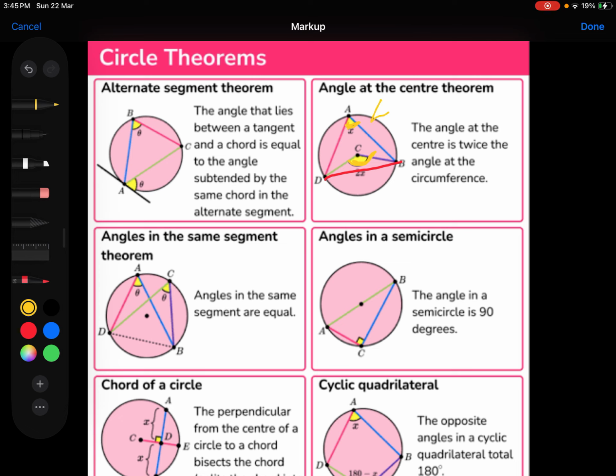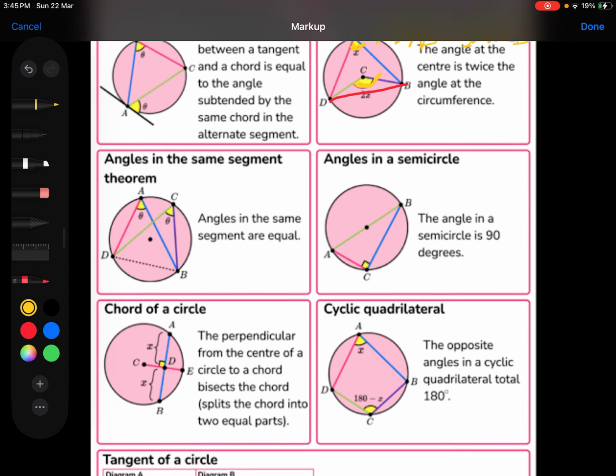So we could write angle DAB is equal to 1 over 2 angle BCD. Okay, so that is the second one.